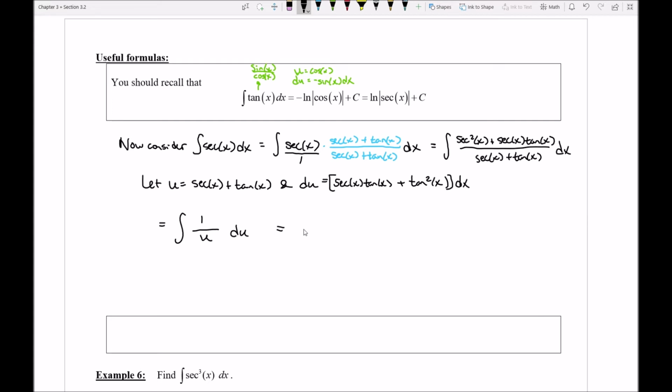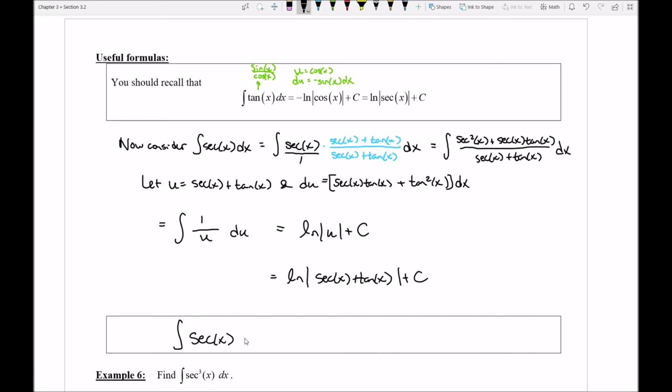Of course, what this means is that my antiderivative is the natural log, don't forget, absolute value of u plus c. Replacing u with what it's equal to, secant x plus tangent of x, I now have an antiderivative rule for the secant. This is so important, I'm going to rewrite it again in its own box.